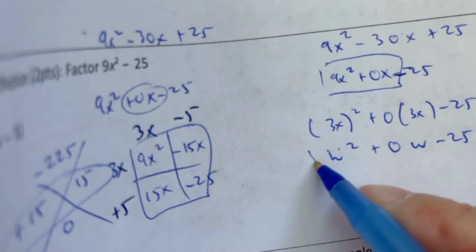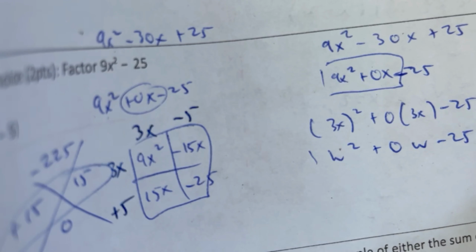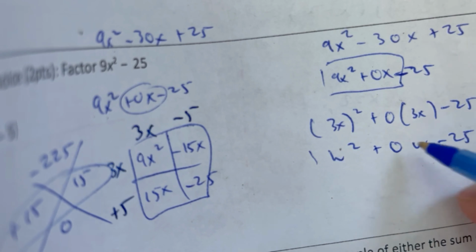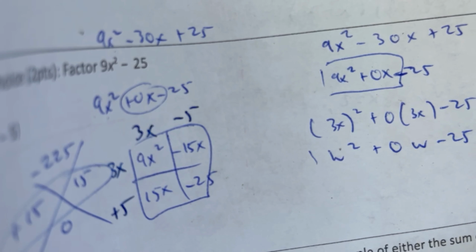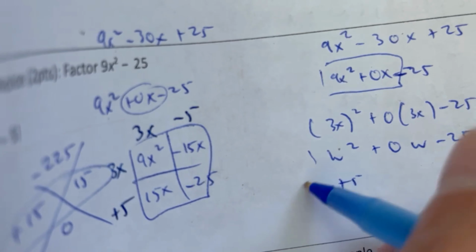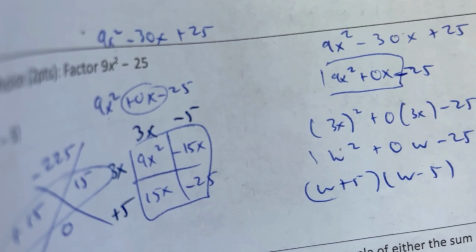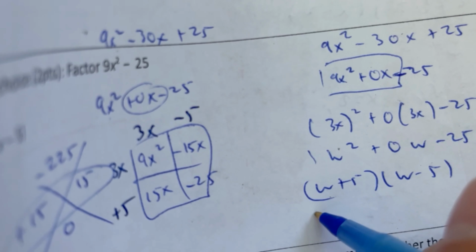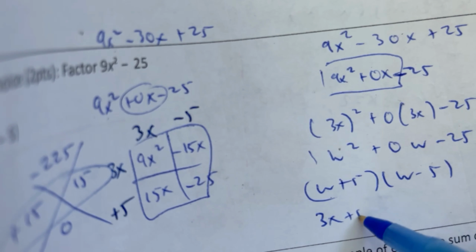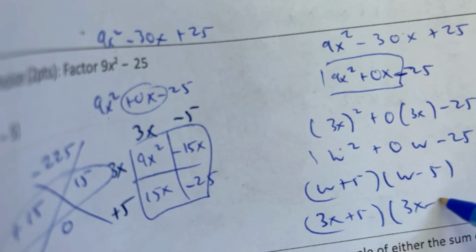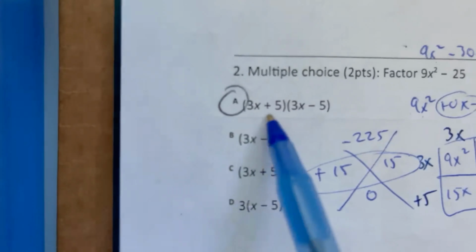So 1 times negative 25 is negative 25. B value is 0. 5 and negative 5. So you'll get w plus 5, w minus 5. Then put that back in: 3x plus 5, 3x minus 5. That would give you the answer of A.